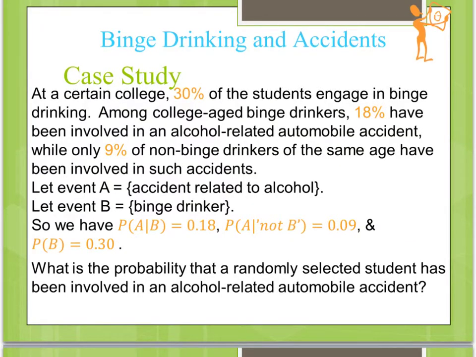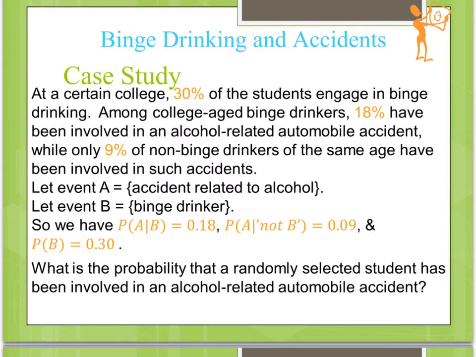I'm going to look at binge drinking and accidents. At a certain college, 30% of the students engage in binge drinking. Among college-age binge drinkers, 18% have been involved in an alcohol-related automobile accident, while only 9% of non-binge drinkers of the same age have been involved in such accidents. We'll let event A be having an accident related to alcohol, and B be that you're a binge drinker.